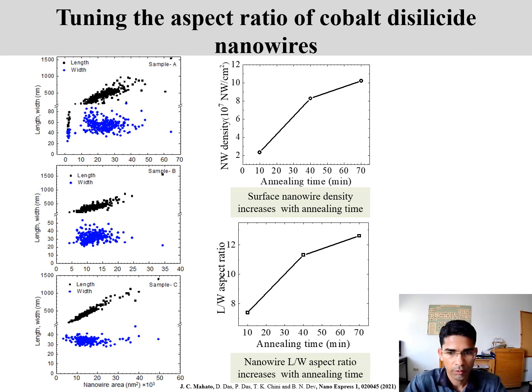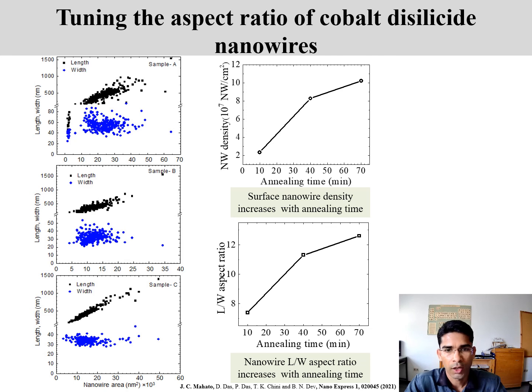And here we have shown the aspect ratio variation with the annealing duration, and also from the plot we have seen the increase of the nanowire number density with the annealing time. This can be explained from the fact that with increasing annealing duration, the nanodots which were present on the surface agglomerate and elongate to form a nanowire.